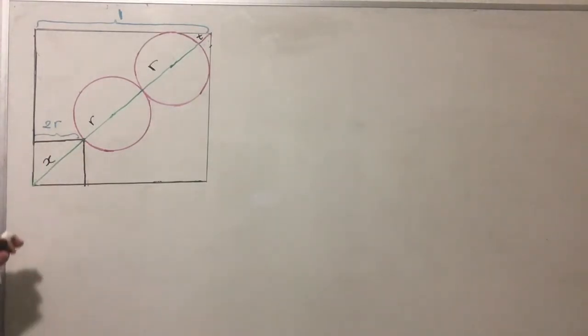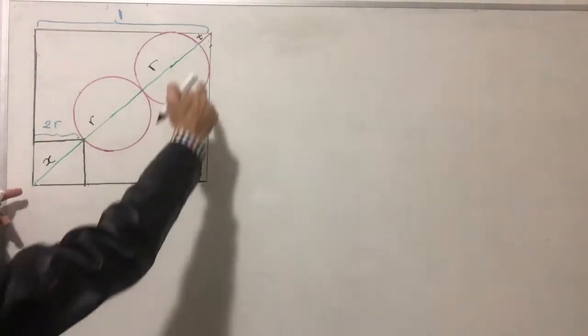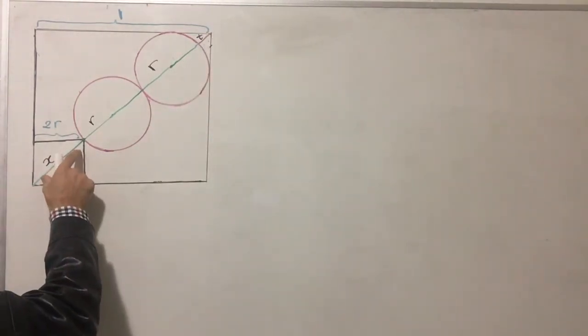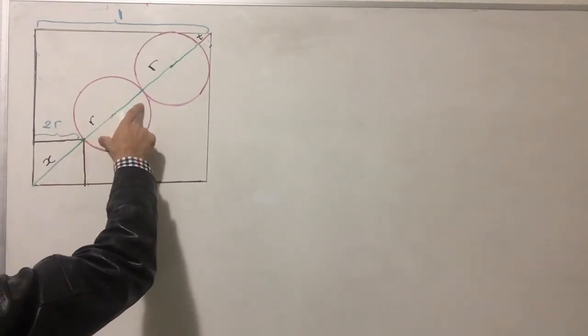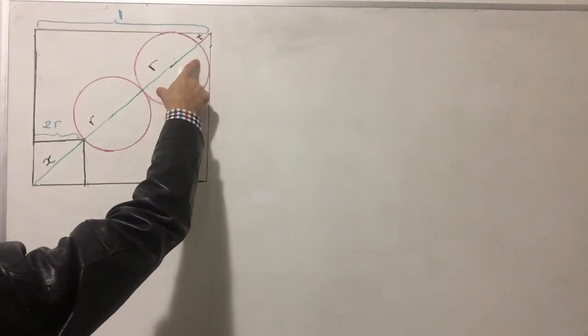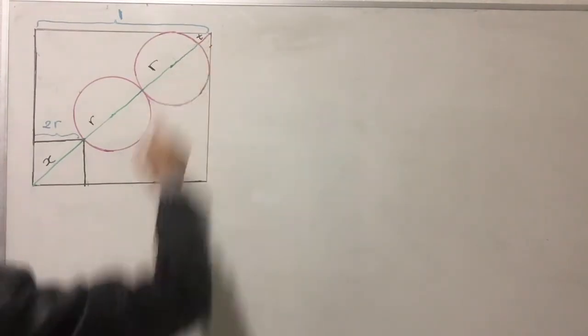Now I have a diagonal of this big square equal to x, the diagonal of this small square, plus the diameter of this first circle and the diameter of the second circle, plus this little distance t.